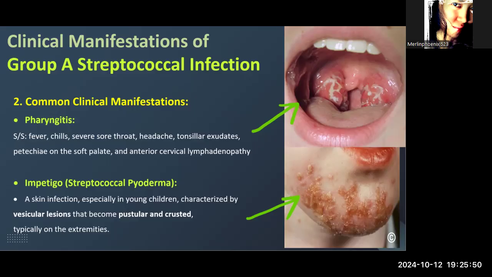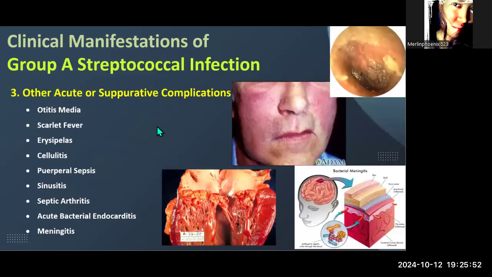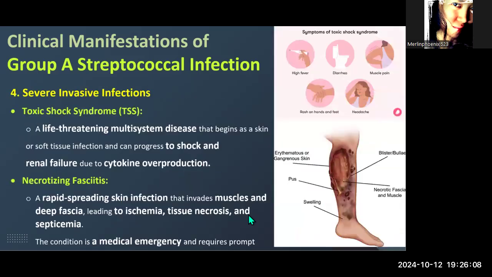Other acute or suppurative complications include otitis media, scarlet fever, erysipelas, cellulitis, sepsis, sinusitis, acute bacterial endocarditis, and meningitis.